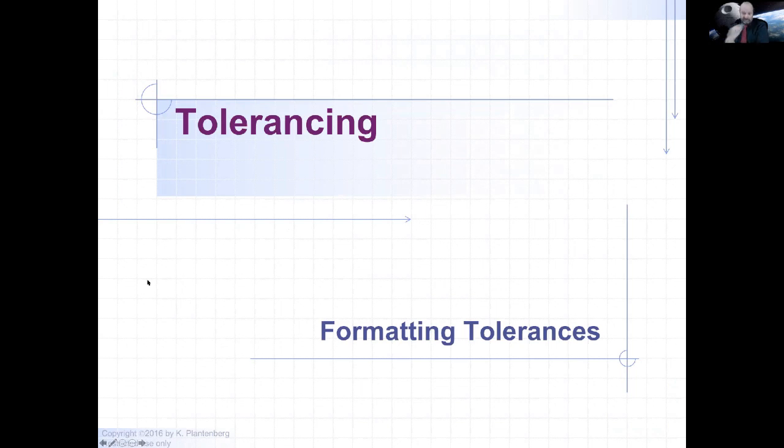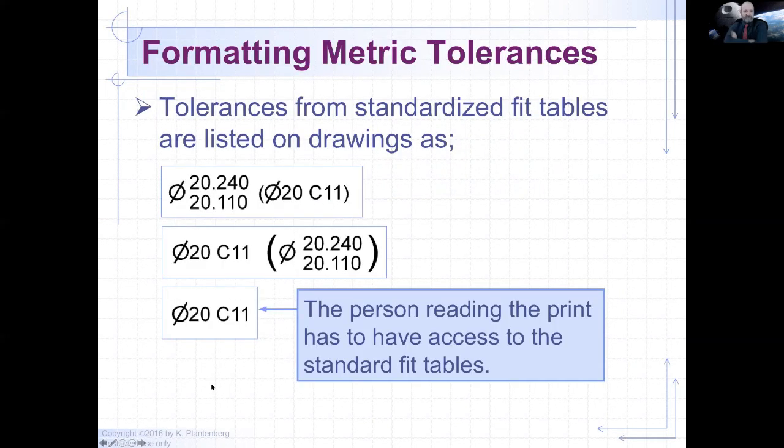All right, so now let's talk about formatting tolerances. We have several ways to do this. If you remember, you can tolerance things from the biggest to the smallest with this diameter tolerancing here. So you've got the bigger diameter on top and the smaller on the bottom.